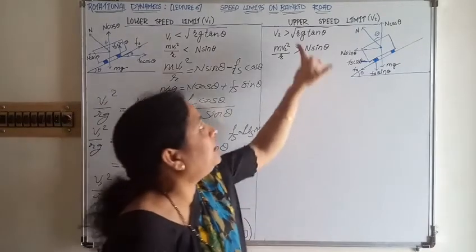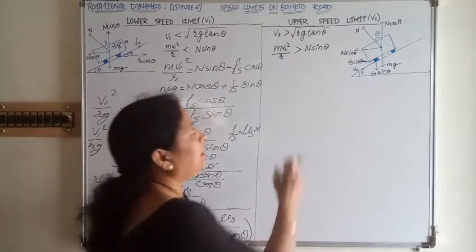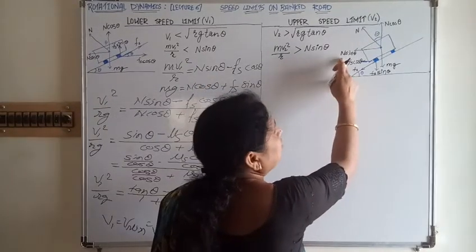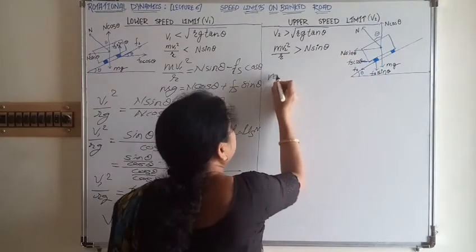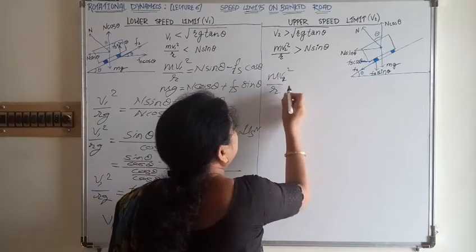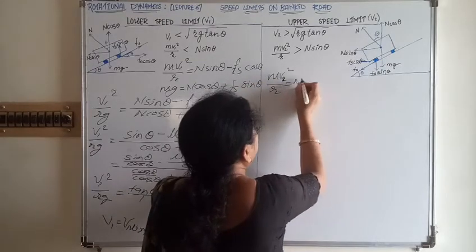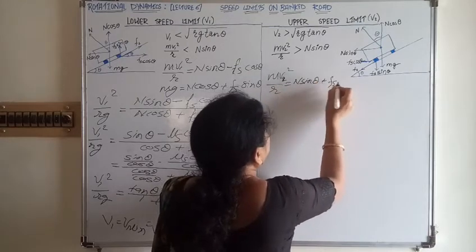So how to find the equation for v2? We can follow the same approach. Again we can write the centripetal force equal to N sin theta plus Fs cos theta. We get this equation: m v2 square upon r is equal to N sin theta plus Fs cos theta.